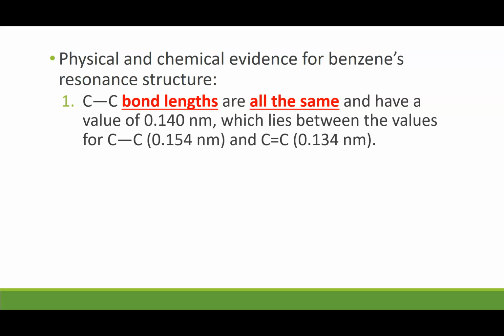So if benzene has alternating single and double bonds, then we should be able to see that in the bond lengths. However, the 6 bonds that connect the carbon atoms all have the same bond length. So this tells us that benzene actually has a resonance structure with the electrons delocalized, evenly distributed among the 6 bonds.